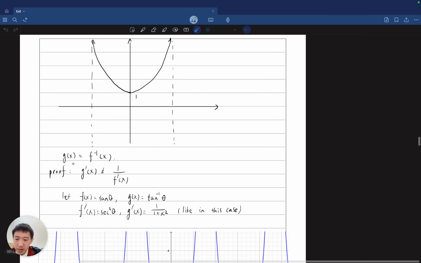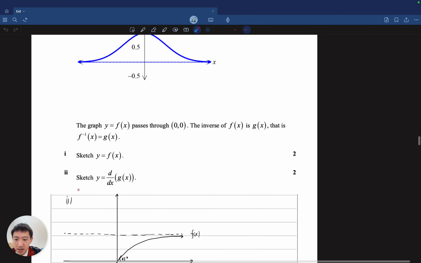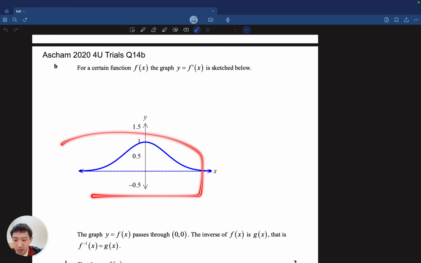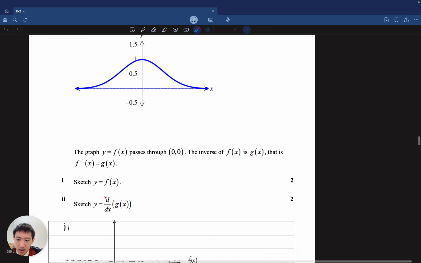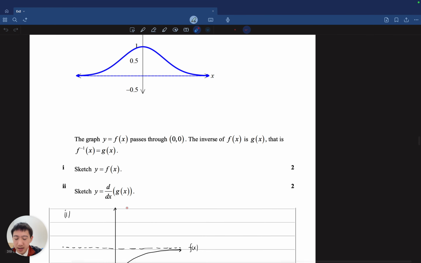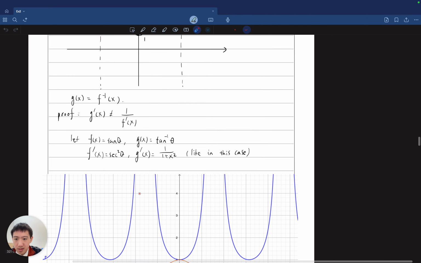Now, the sample answer is trying to show that you can simply draw the graph of this one by saying that it's the reciprocal of this one. This is completely wrong, and I think those who wrote the sample answer were unaware of this. Let's look at this closely.